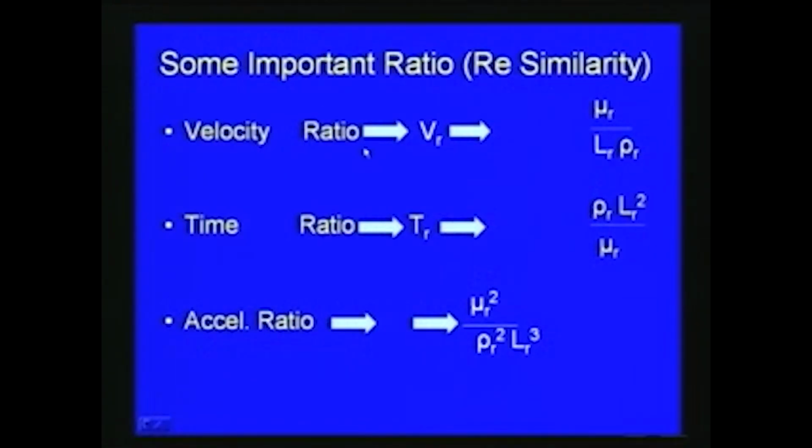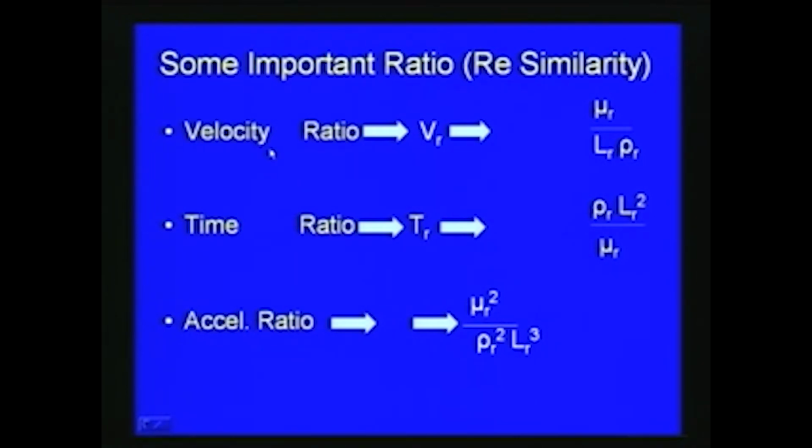Now, if we use this Reynolds model law, we can derive the scale ratios for various parameters like velocity, acceleration, discharge, pressure, energy, power, etc. In a very similar way, as shown in this slide, using the Reynolds similarity, we can derive the various scale ratios.